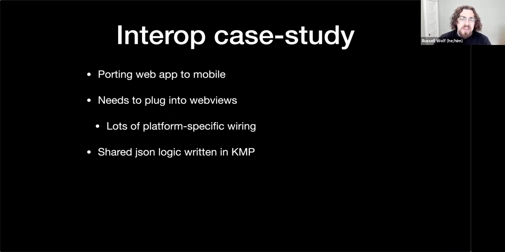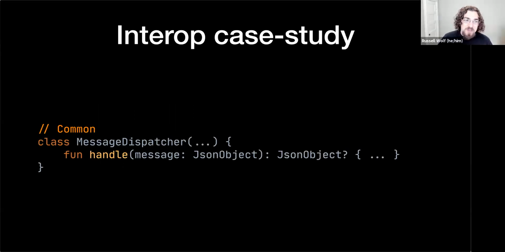One piece of that, and there were a bunch of different places where the Kotlin code lives, but one of them was this shared JSON logic that would essentially handle messages going in and out of the web views and process them and possibly send a response. So we had this message dispatcher class that the web view might call to send something out to the rest of the app.